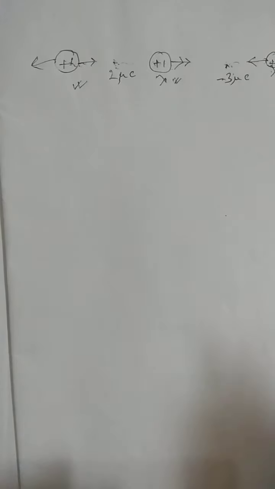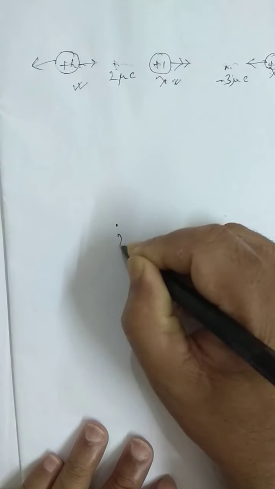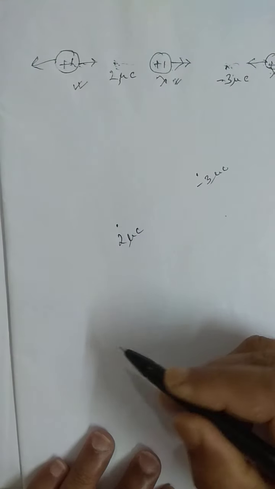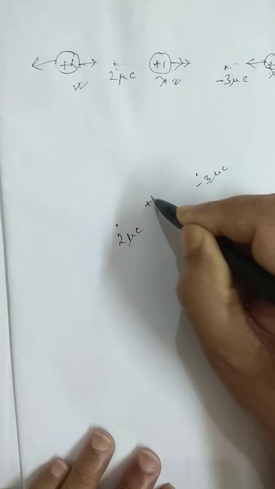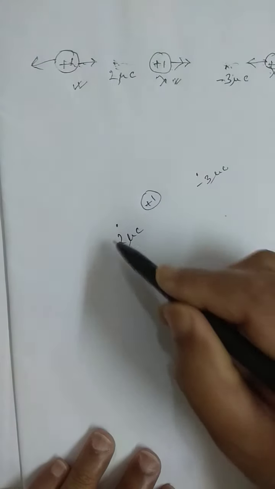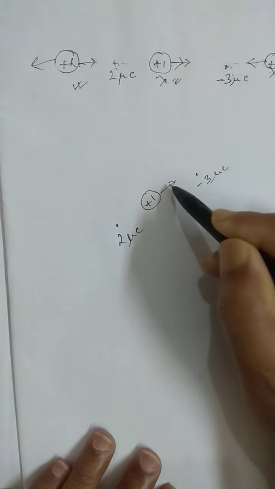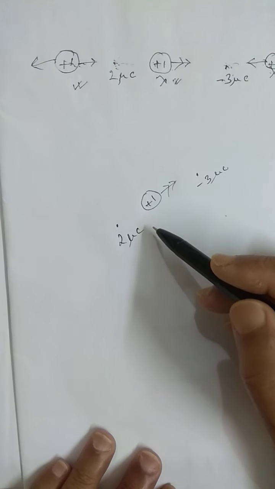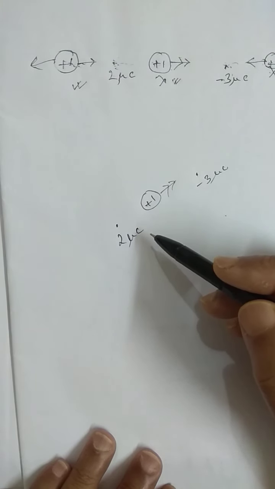Let me work it out a little. This is 2 microcoulomb and this is minus 3 microcoulomb. Let us assume that the neutral point is somewhere here. Then what happens? 2 microcoulomb repels it, 3 microcoulomb attracts it, and they are parallel to each other. At a neutral point the electric field must be zero, but two parallel fields do not cancel out.